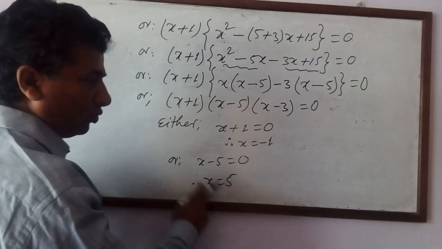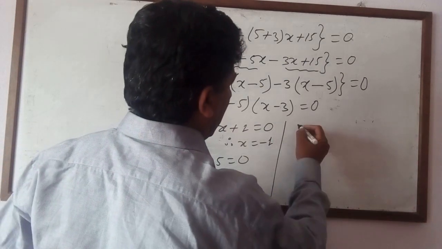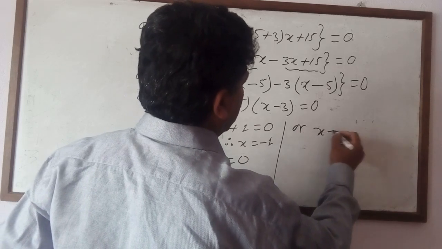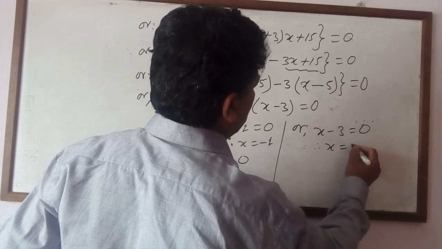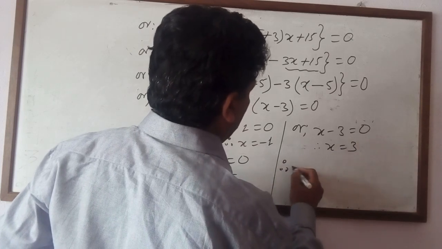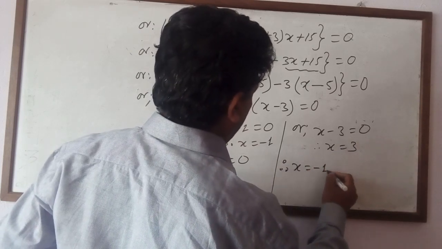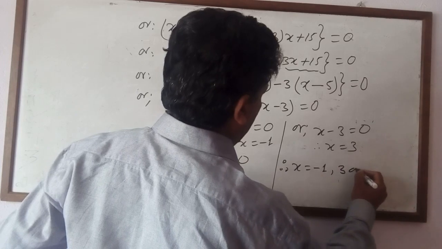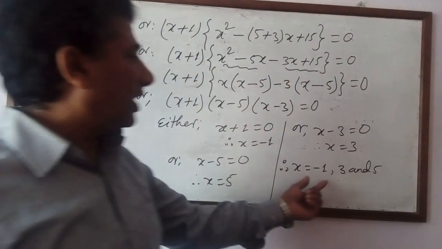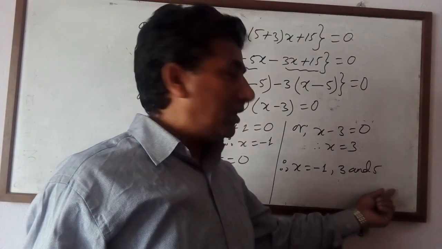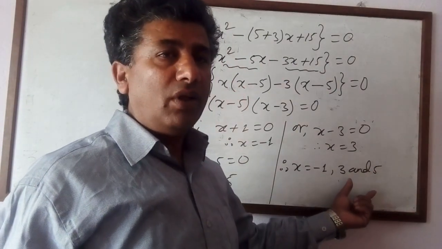Value of x means root also. Or x minus 3 equals 0, therefore x equals 3. Therefore x equals minus 1, 3 and 5. Now we found the values of x, minus 1, 3 and 5. These three values of x we found.